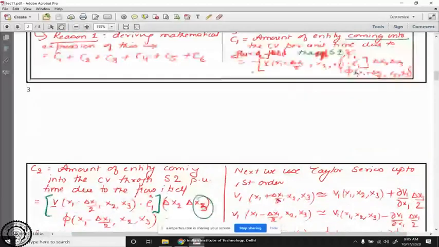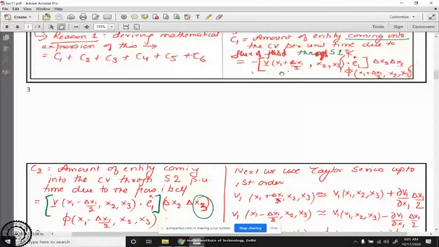So that is one important thing while writing expressions for C1 and C2: pay attention to which unit vector you are using and what sign you are putting. The other important thing is that the arguments of the v vector and phi vector should take into account which surface is under consideration.